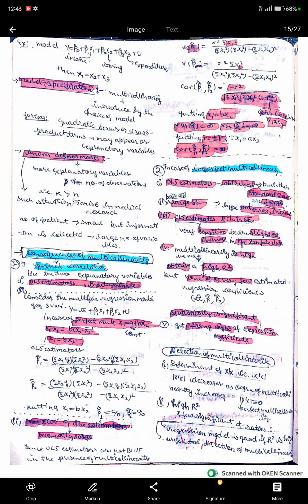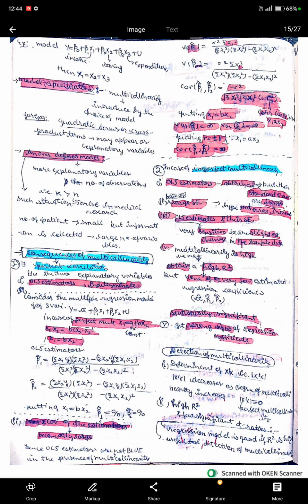Consider the multiple regression model for three variables: y equals alpha plus beta 1 x1 plus beta 2 x2 plus u. In case of perfect multicollinearity, x1 equals a plus b x2, where a, b are constants.